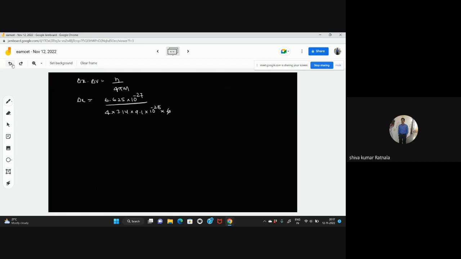So here 3 decimals in 6.625, 2 plus 1, 3 decimals cancel. That means 6625 into 6.625 upon 4 into 314 into 6, and it will be minus 27. It will be about 10 power of 1. That means 66250 by 4 into 31.4.